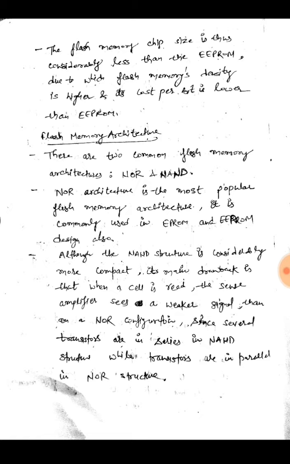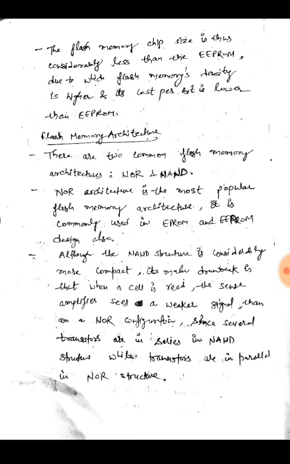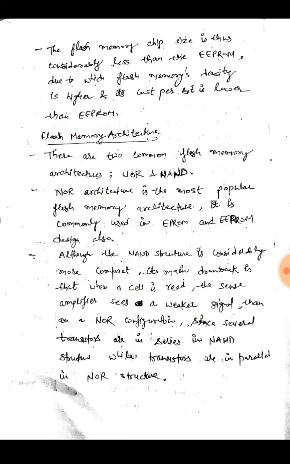In NOR architecture we connect our transistors in parallel, as you can see, whereas in a NAND configuration the two transistors are connected in series. So this is the series connection, this is voltage and this is ground.